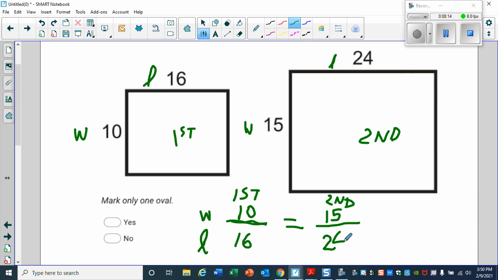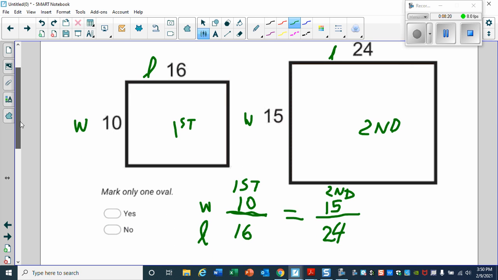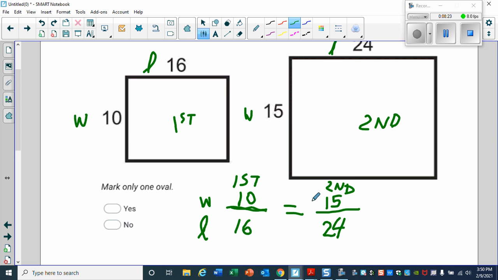And then the way you can determine whether or not these two are similar, you can do one of 2 ways. You could either do your diagonal multiplication: does 15 times 16 equal 10 times 24?